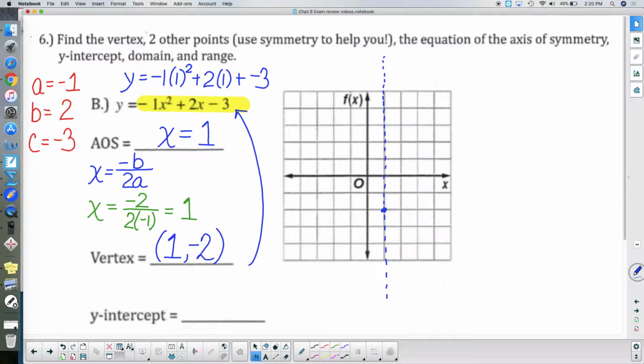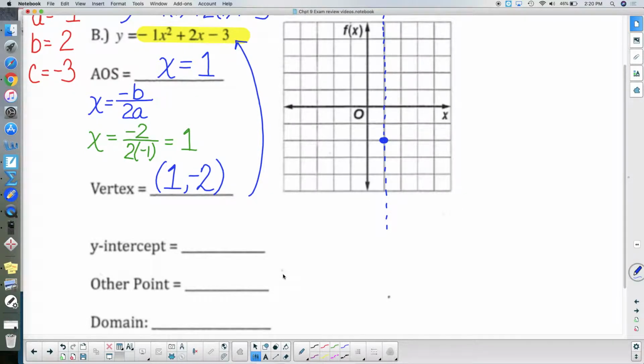So I'm going to go put that in on my graph. When I go to get the y-intercept, that again comes from my equation. The y-intercept is always at 0, the c value from our equation. So in our case, that's going to put our y-intercept at 0, -3. I'm going to go ahead and put that point in.